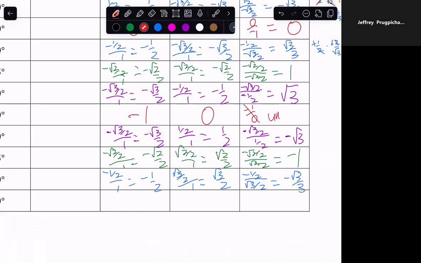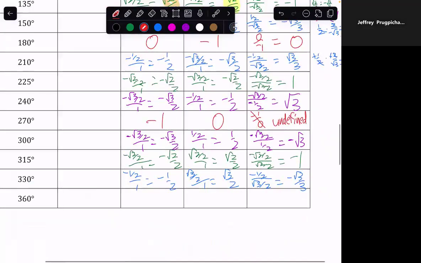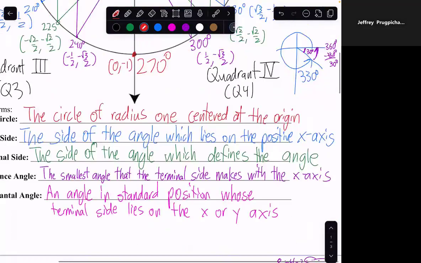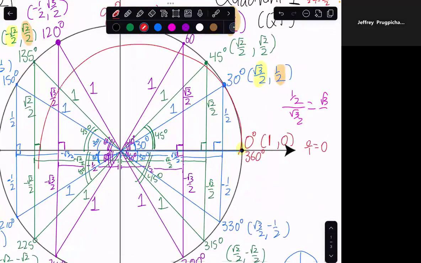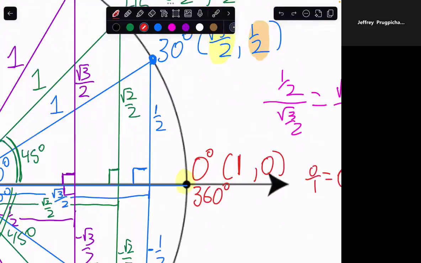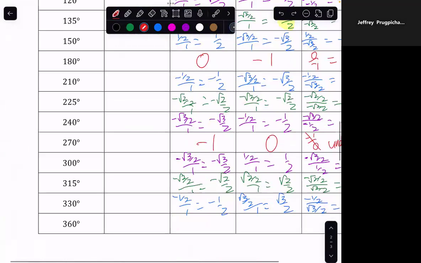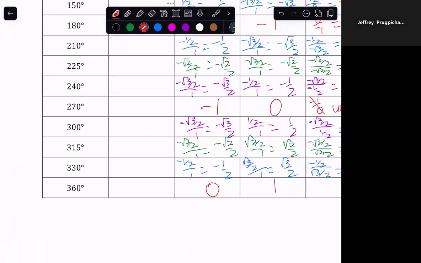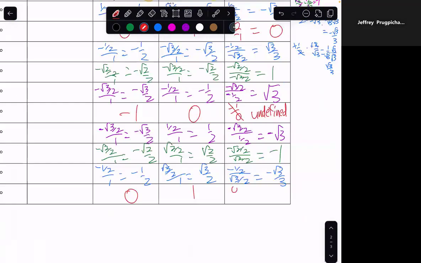Again, dividing by 0 is undefined. Okay, and lastly, 360 degrees. So if you go all the way around, you're back to where you started. So just like 0 degrees, 360 degrees is the point 1, 0. So sine, the y, is 0, cosine, the x, is 1, tangent would be y over x, 0 over 1 is 0.